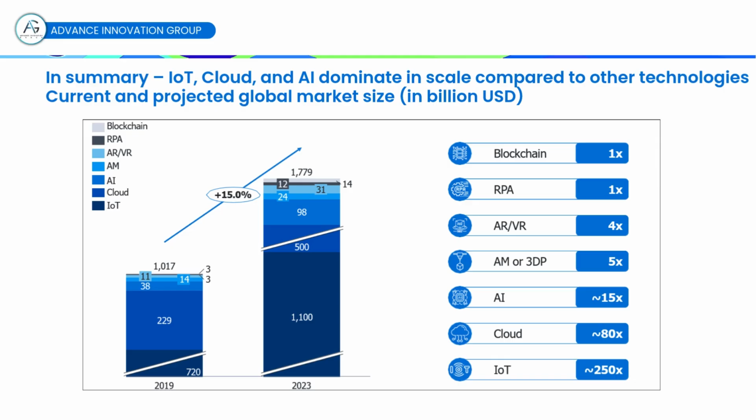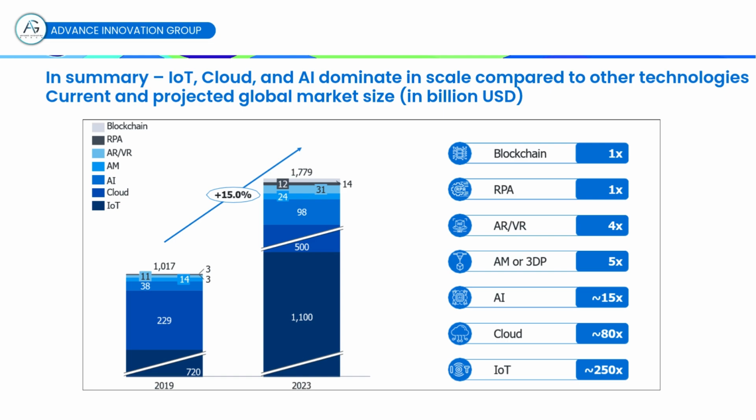Now looking at the comparison chart on the right. Taking blockchain and RPA as the base, 1x, AR/VR is around 4x, AM is 5x, AI jumps to approximately 15x, cloud scales up to 80x, and IoT leads with a massive approximately 250x.